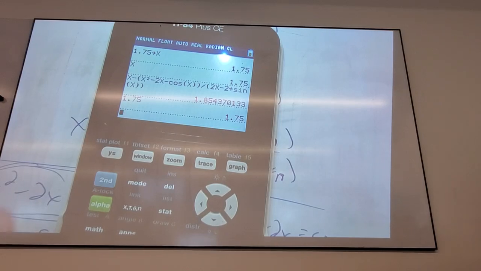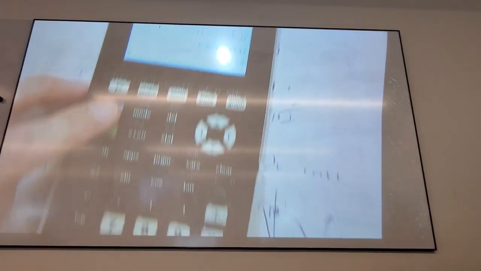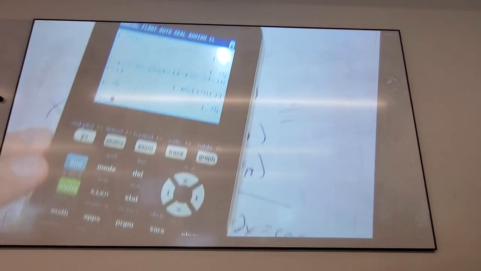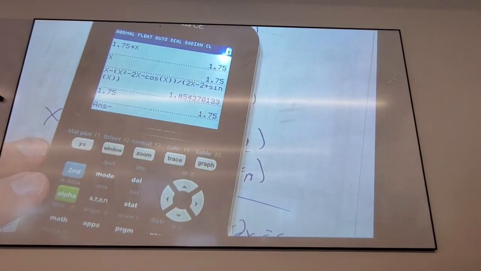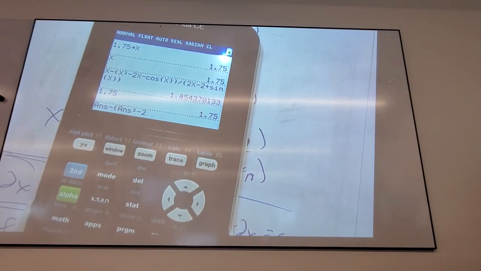So if I build my algorithm with answer instead of x, I'm going to put answer minus parenthesis, answer squared, minus 2 times answer, minus cosine of answer, parenthesis, divided by parenthesis, 2 answer minus 2 plus sine answer.